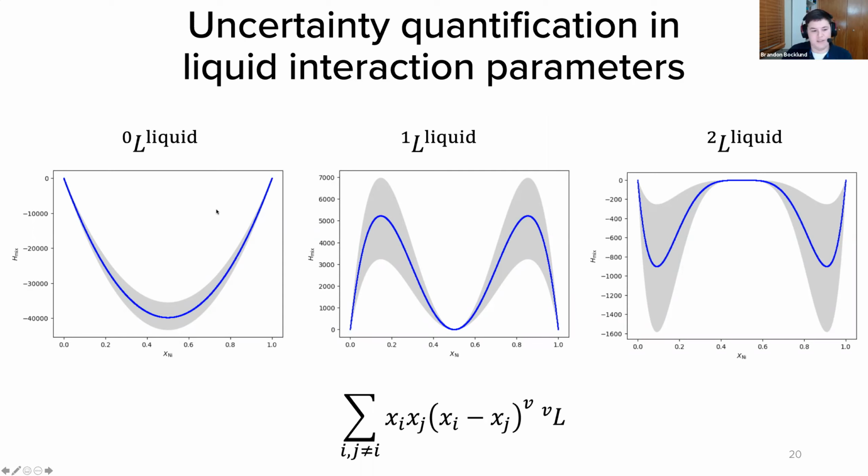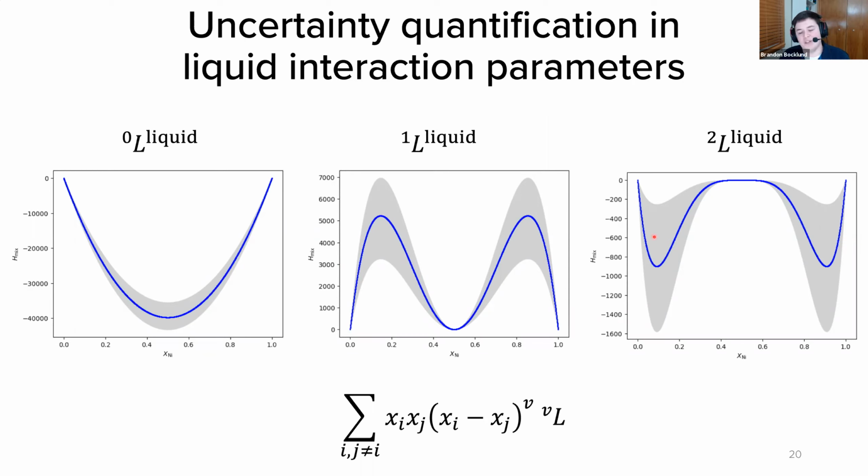In this case, we've plotted the L0, L1, and L2, and they're on different scales, but just to give an idea of what the uncertainty is in the L0 parameter, the scatter of our samples is relatively small compared to the scatter of our samples of the L1 parameters relative to the scale of them.